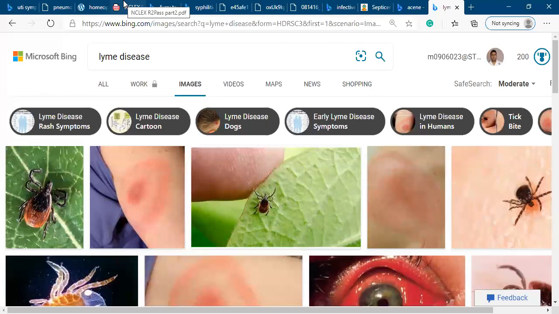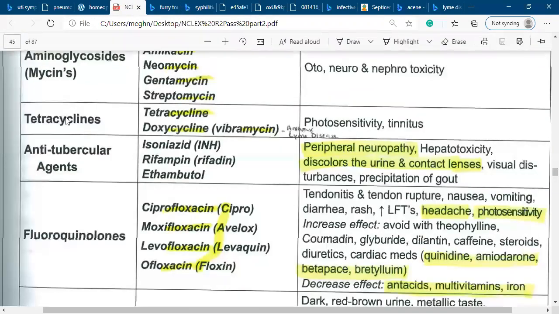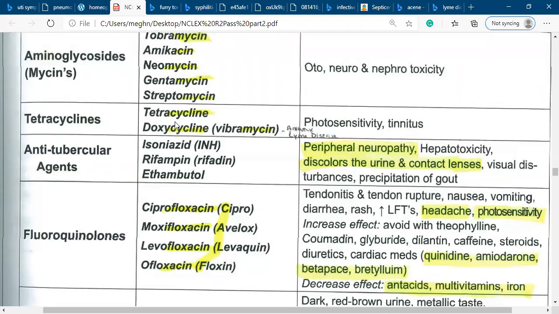Basically, the mode of action of tetracycline is that it prevents protein synthesis, inhibiting bacterial growth, right? When you give tetracycline to the patient, you have to educate them about some side effects, so your patient is aware and it would be easy for them to adapt.